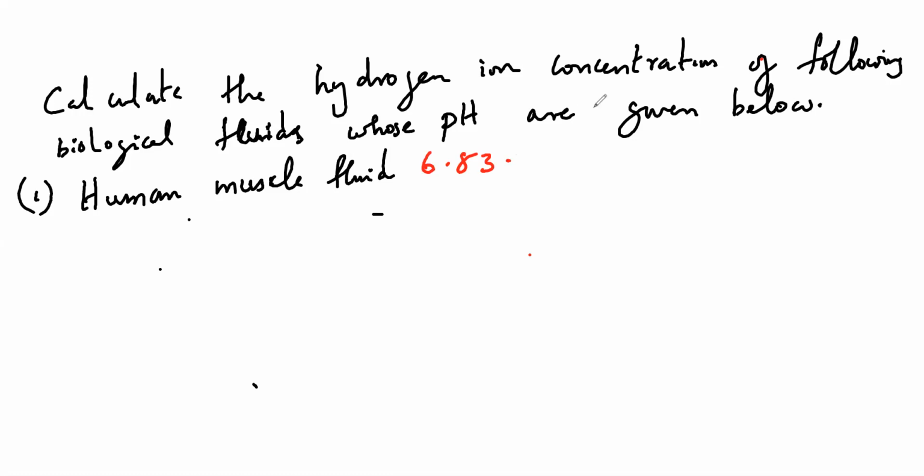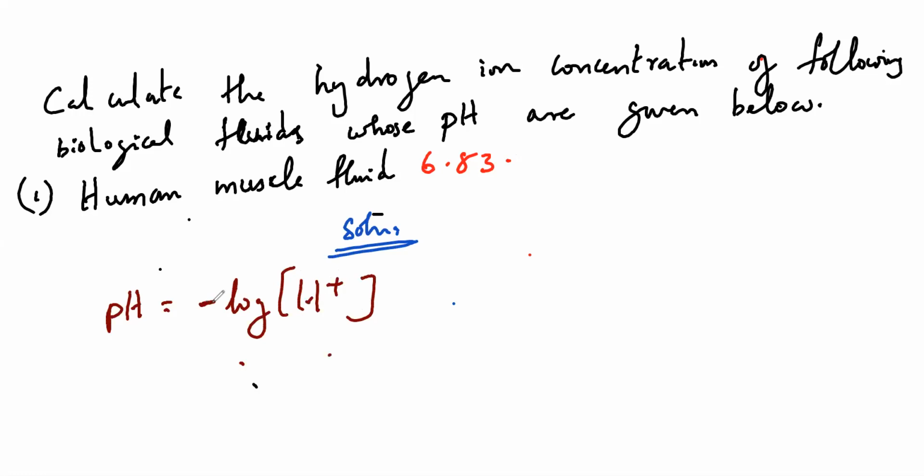So if a question is given like this, first thing in the solution, write down the formula used. What is the formula? pH is equal to minus log of H plus. What is the pH value given? 6.83 is equal to minus log of H plus.